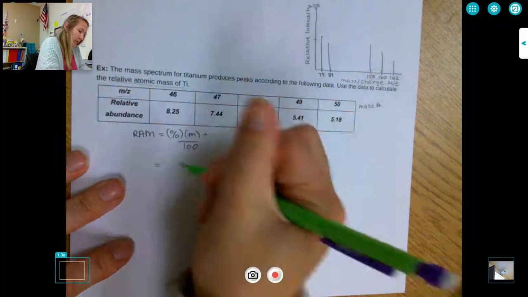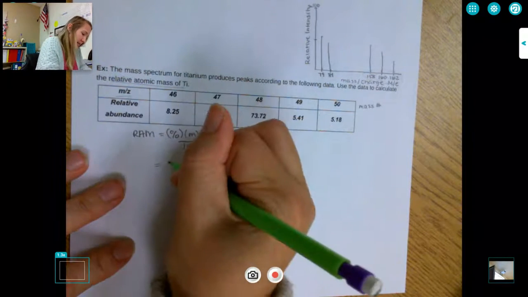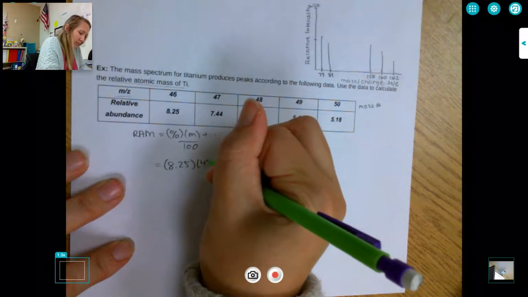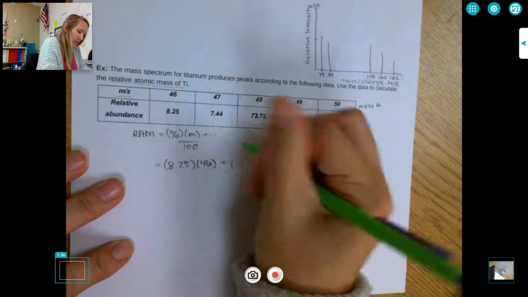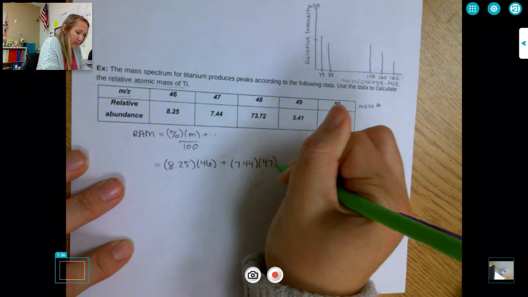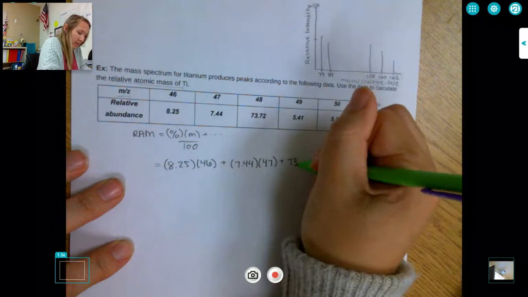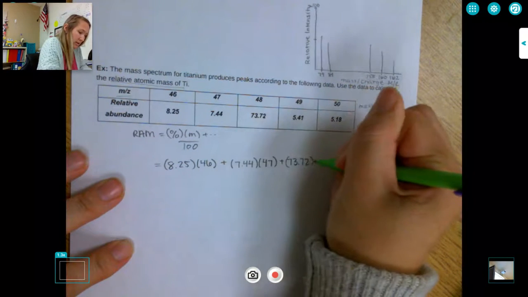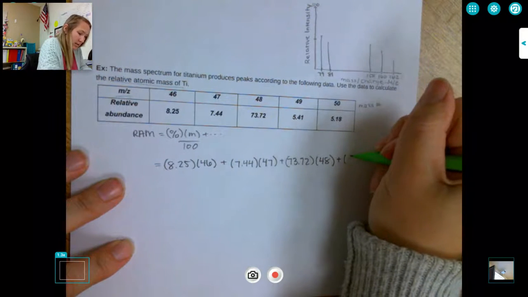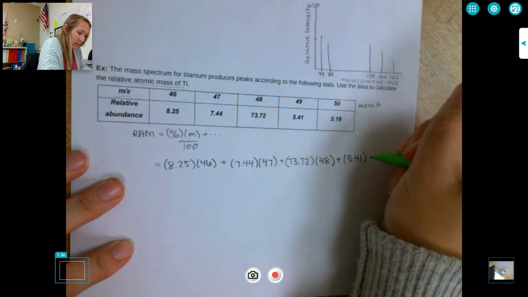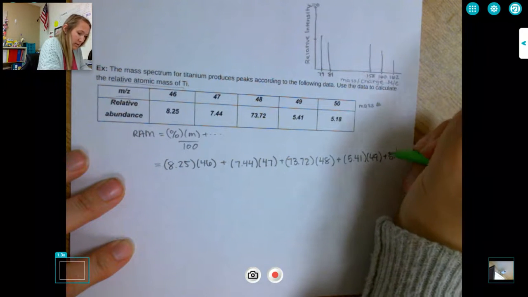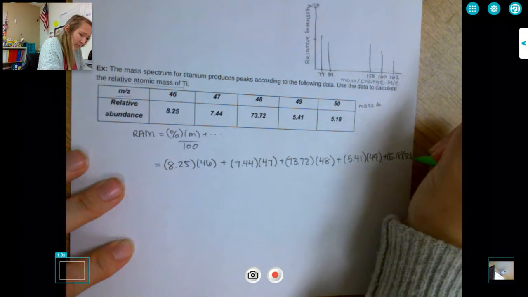So, showing our work, my relative abundance, 8.25, times its mass, 46, plus relative abundance 7.44 times 47, plus 73.72 times 48, plus, this is a long one, 5.41 times 49, plus 5.18, ran out of room, times 50.